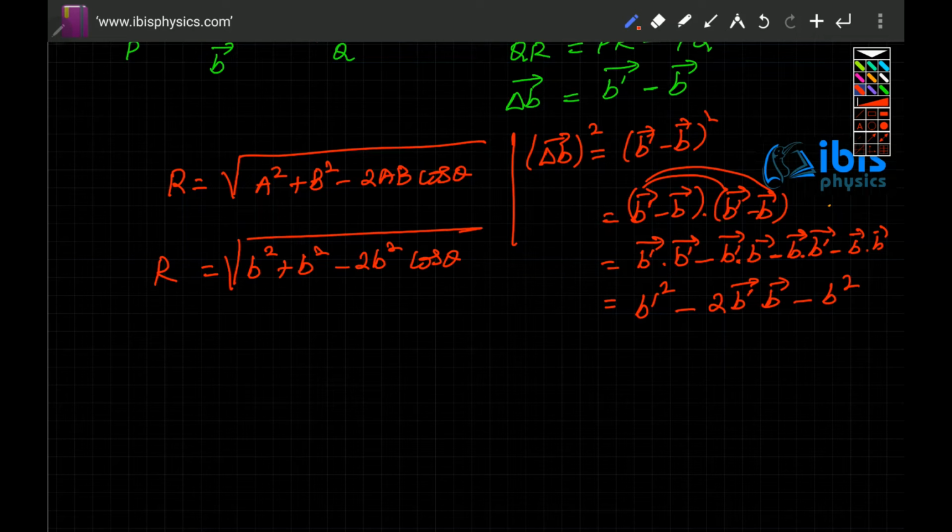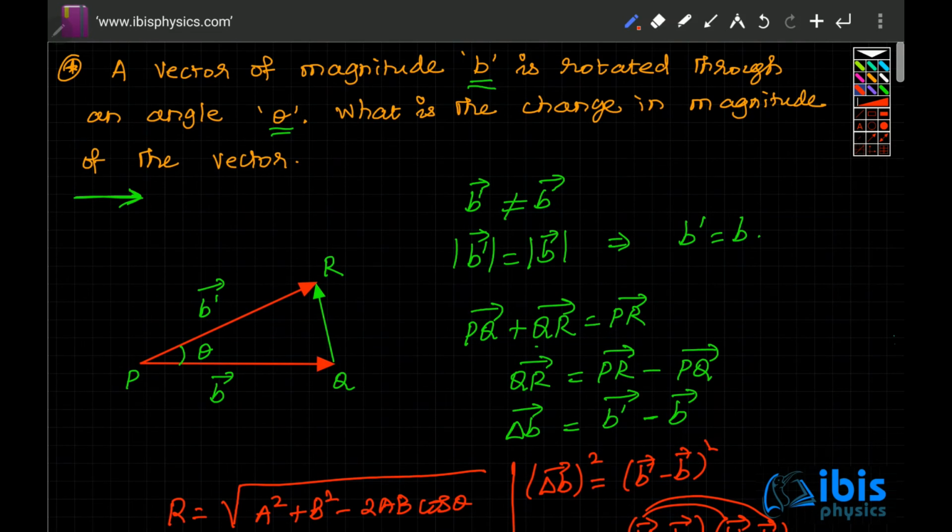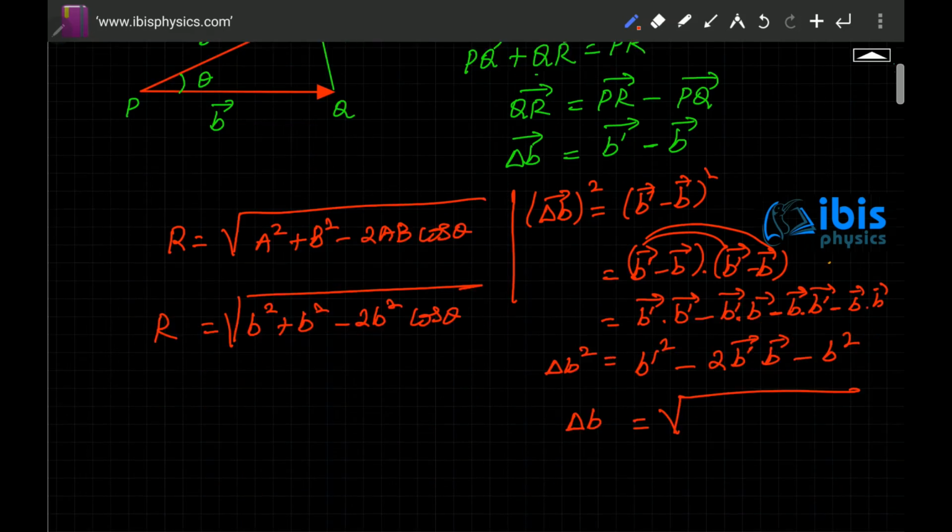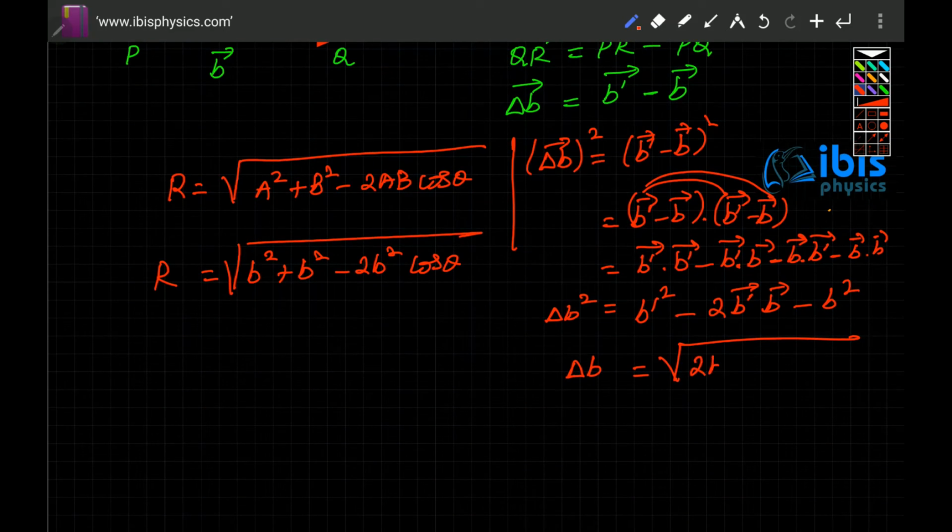Here delta b square is the dot product of the vector with itself, so the vector would be gone. So delta b will be equal to root over b prime square and b square both are same, because we already know that the magnitudes are equal. So it is 2b square minus 2b prime, which is again b square, into cos theta. The same you would be arriving at.